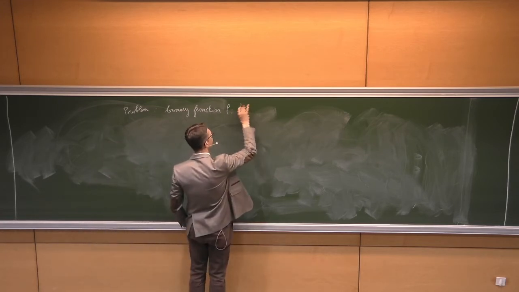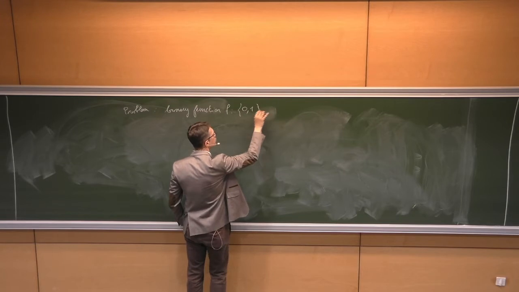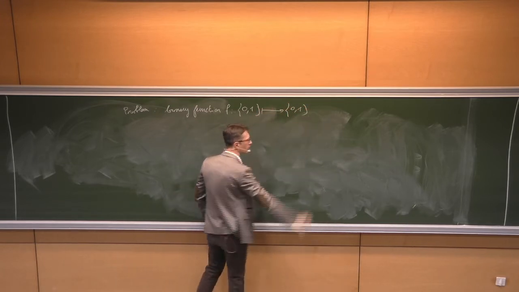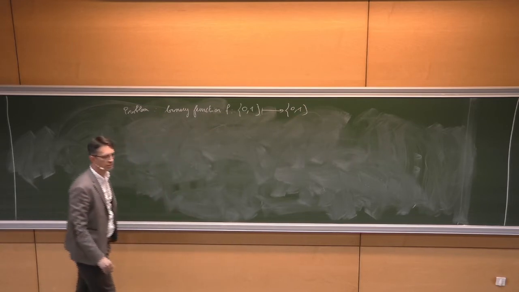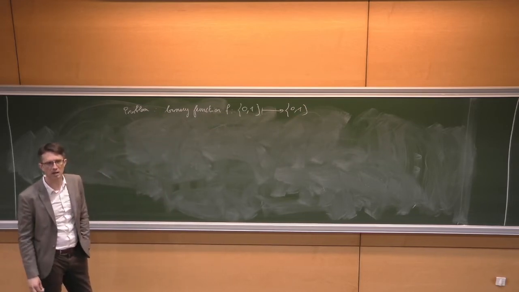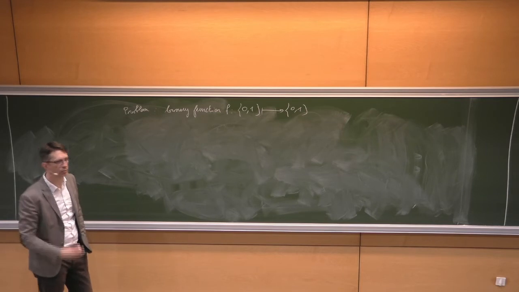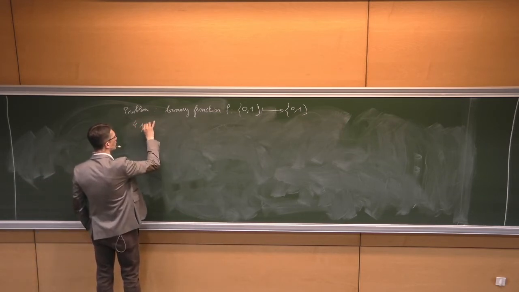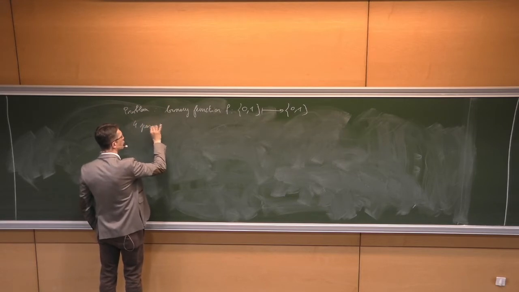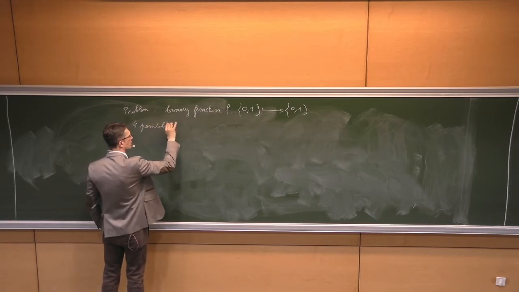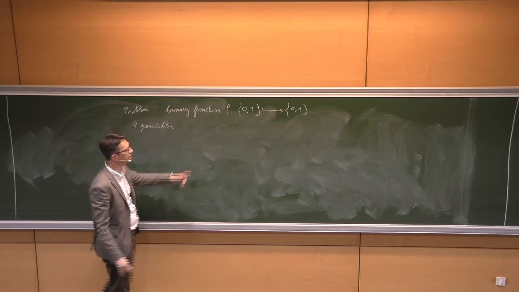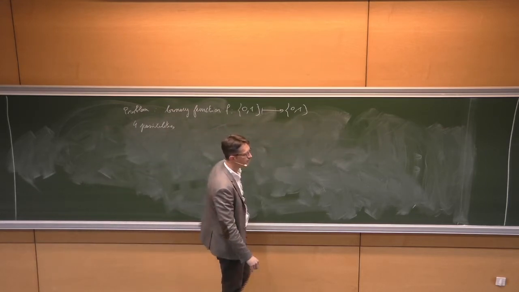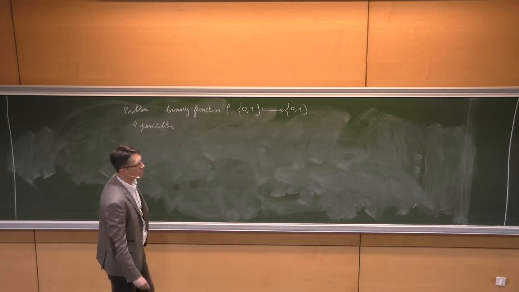That means that this function will go from 0, 1 to 0, 1. So for this function, as we have an input qubit and an output qubit, we have 4 possibilities. Because again, the input is 0, 1, but the output can only be 0, 1.